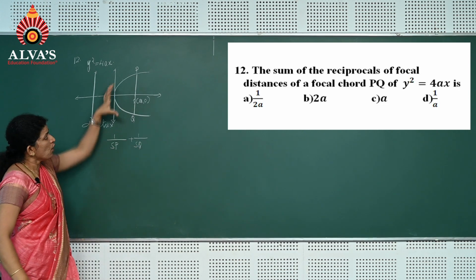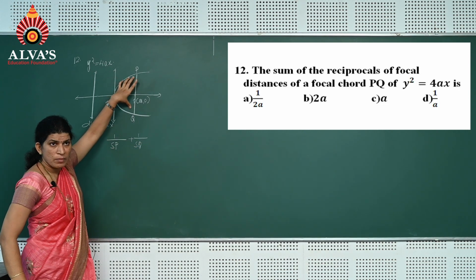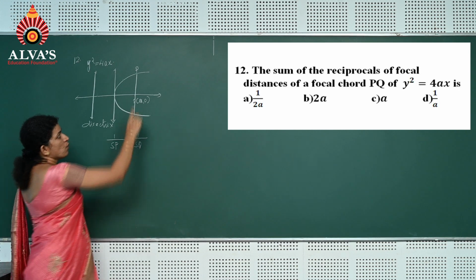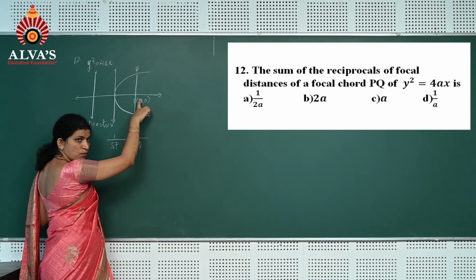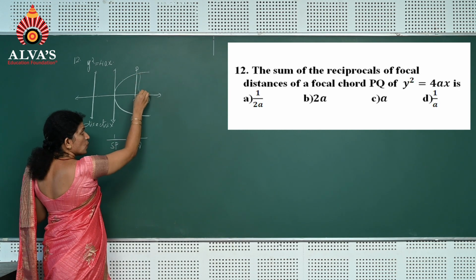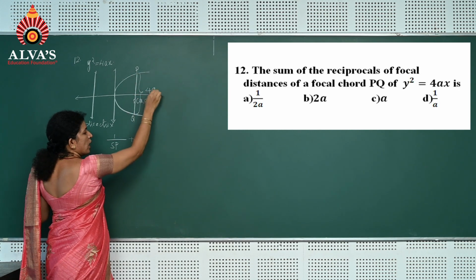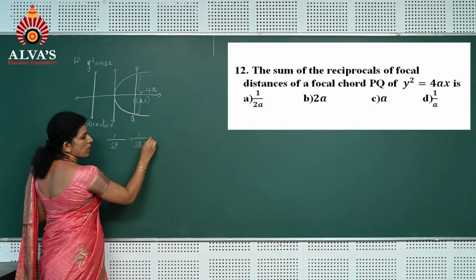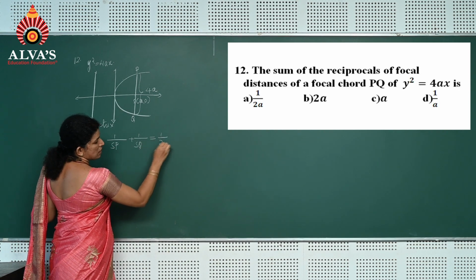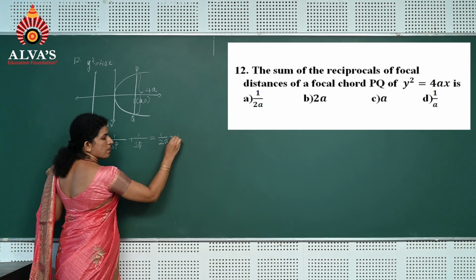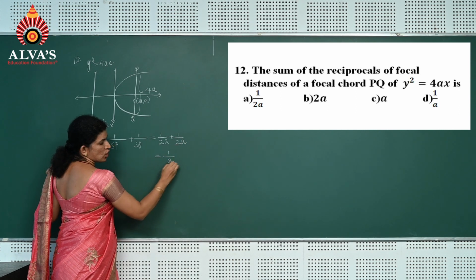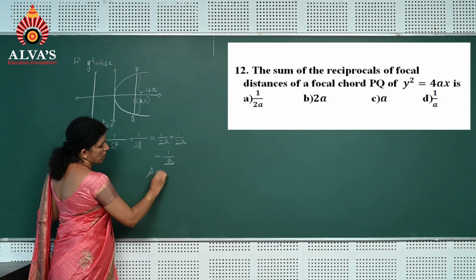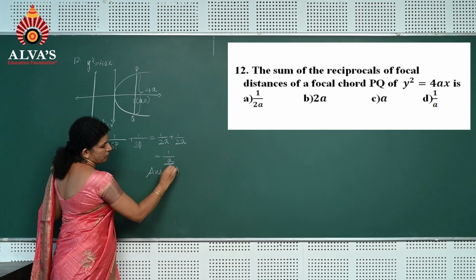We know the latus rectum itself is a focal chord, and its length is 4a, so this total distance is 4a. So 1 by SP plus 1 by SQ is 1 by 2a plus 1 by 2a, that is 2 by 2a, which equals 1 by a. So that answer is D.